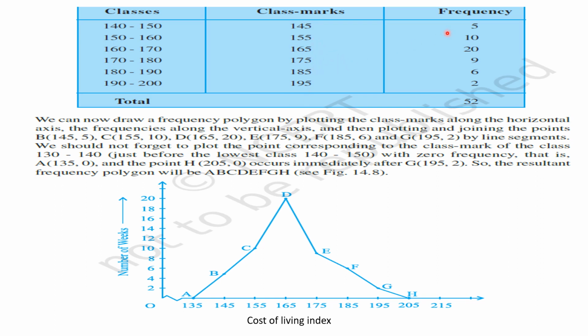Right. These are the frequencies. We have found the class marks of each class and these are the frequencies. Now, without constructing a histogram, we are drawing the frequency polygon for this data. We can draw a frequency polygon by plotting the class marks along the horizontal axis. Before the first class, we get the class mark 135.